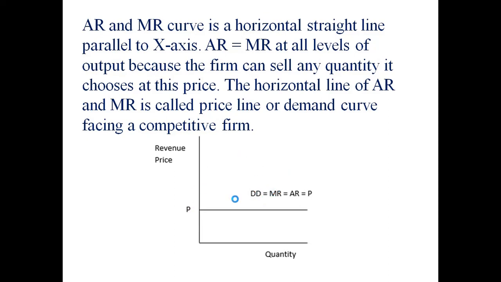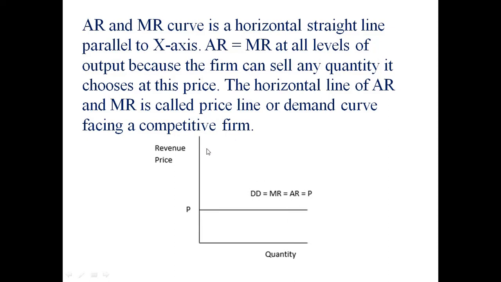Here we can see that MR = AR = P. This horizontal line, which is parallel to the x-axis, represents the marginal revenue curve, the average revenue curve, and the price line. And this reflects the demand curve facing a competitive market, that is, a perfect competition market.